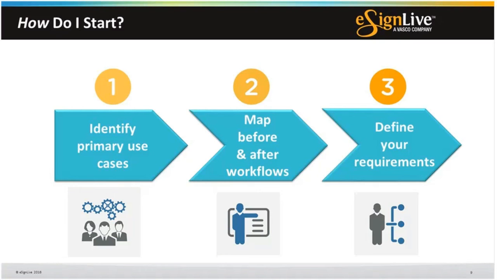And make sure to identify which steps will be eliminated from the workflow to help you further drive your digitization strategy forward. And lastly, you can define your requirements based on use cases, workflow, e-signature features, and other needs such as security, audit, and compliance. This will help you start putting together a short list of providers that can meet your specific needs.